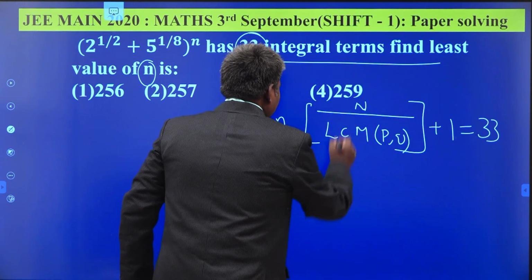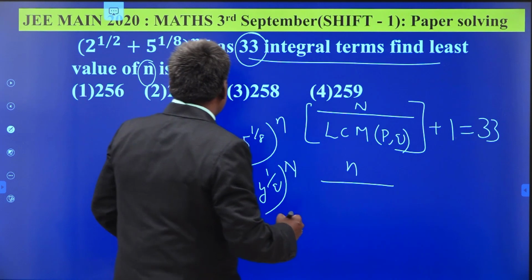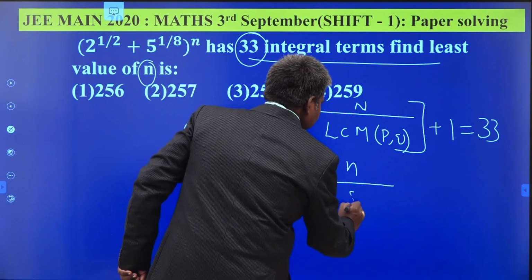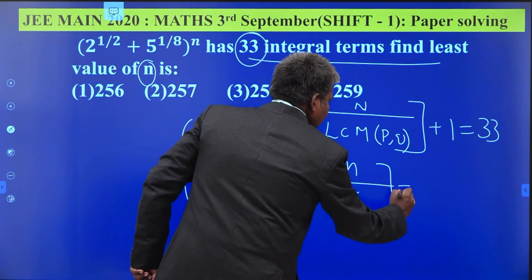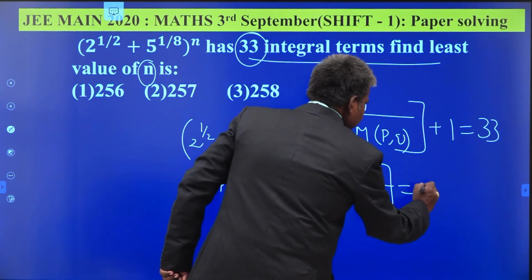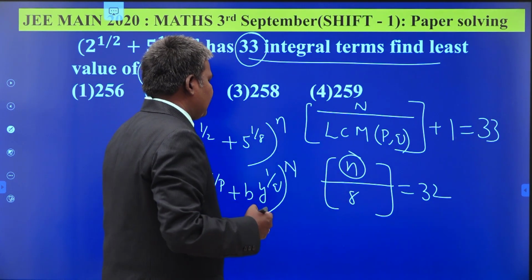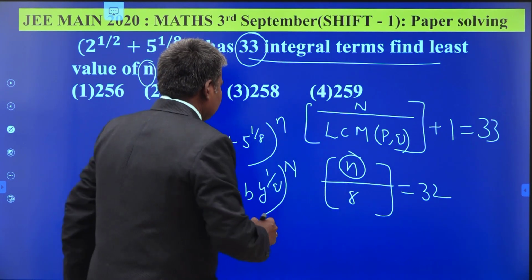LCM of 2 comma 8 is 8, so n by 8 is equal to 32. So the least value of n is obtained by 8 into 32.